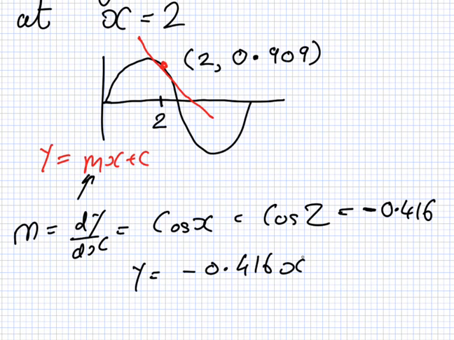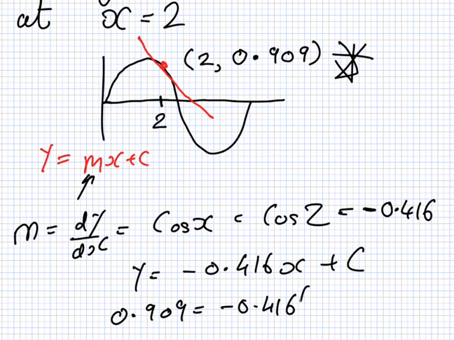mx plus c. Okay. Now, how can we find the c? Substitute what? This point here, isn't it? So if I substitute that in, I get 0.909 equals minus 0.416 times 2 plus c.